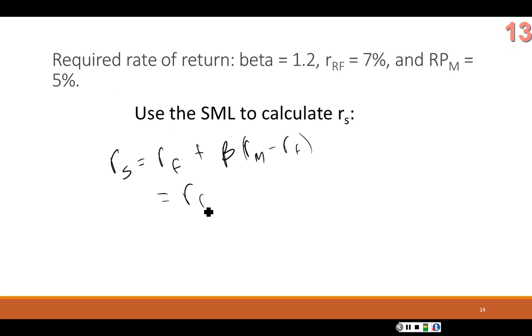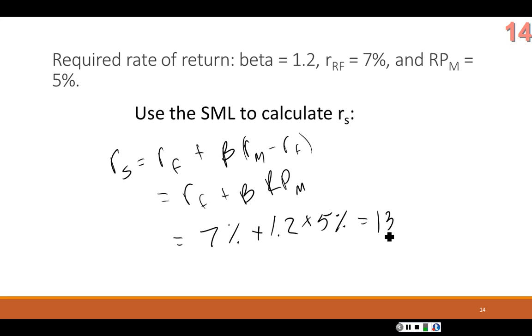So we can calculate the required return. The required return in this example is 7% plus a beta of 1.2 times the market risk premium of 5%. And that gives you a required return of 13%.